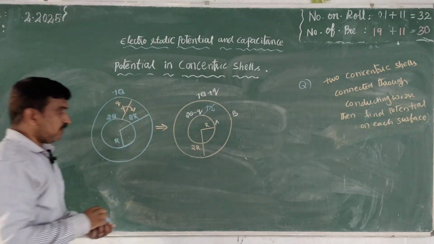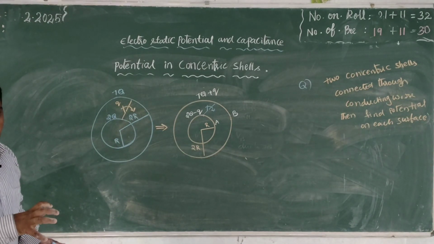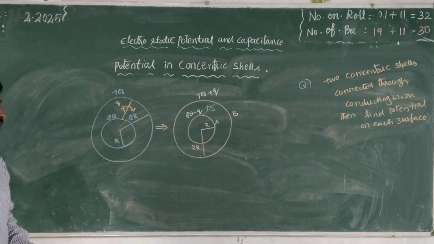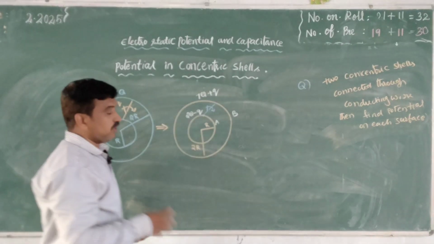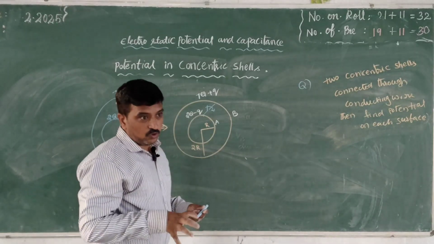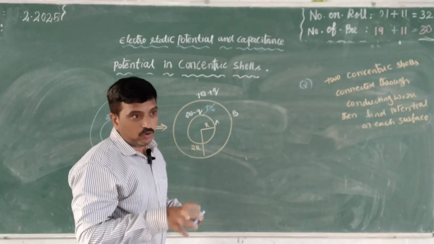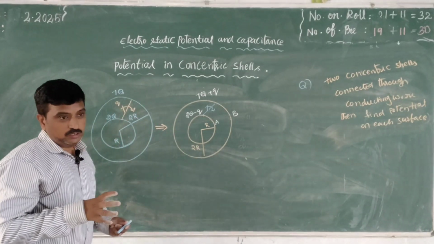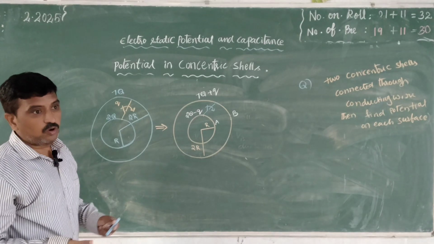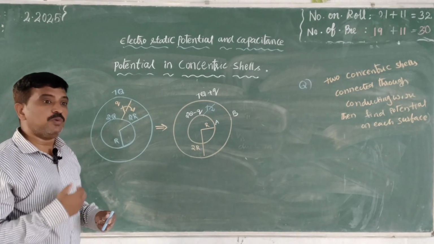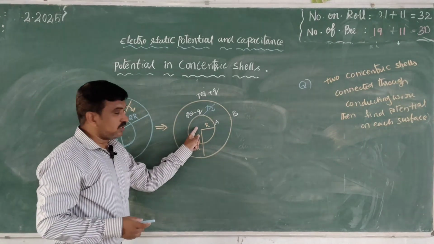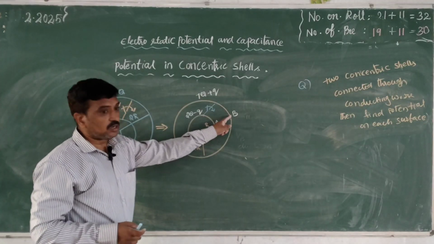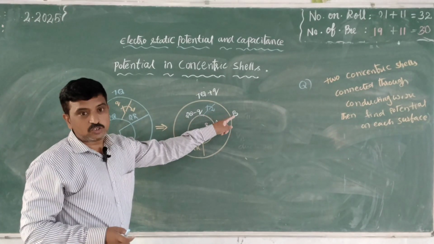After connecting the conducting wire, what is the charge on each shell we want to find out. See, before we know, hollow conducting or non-conducting, solid conducting, all spheres charge will reside on surface. So in this case, when it is connected now, total charge will reside on surface.